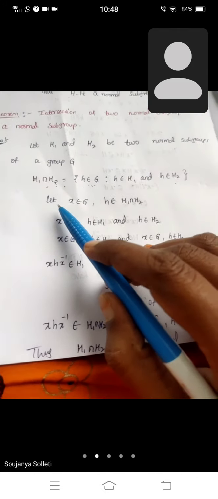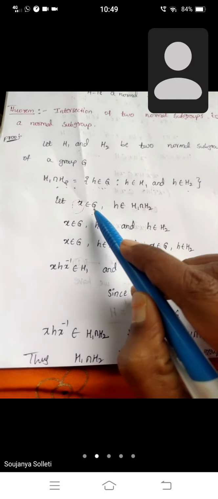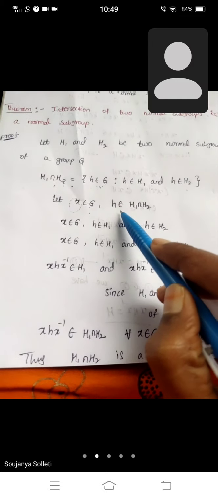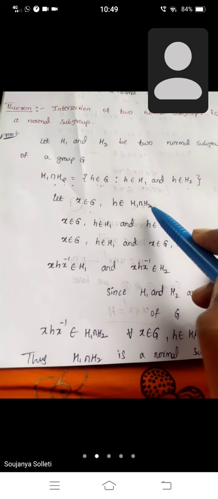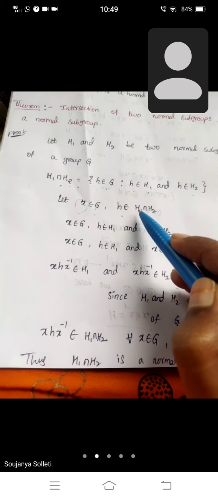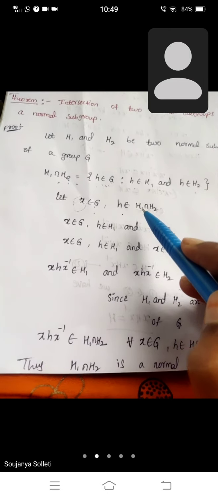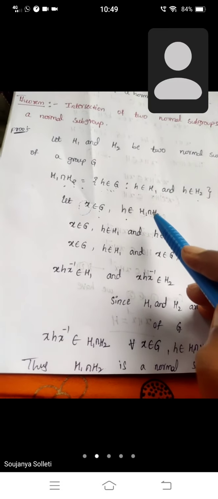Let x be an element belonging to group G, and h an element belonging to H1 intersection H2, which is nothing but small h belonging to capital H1 and also small h belonging to capital H2.